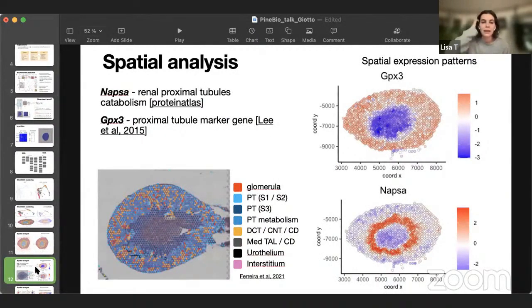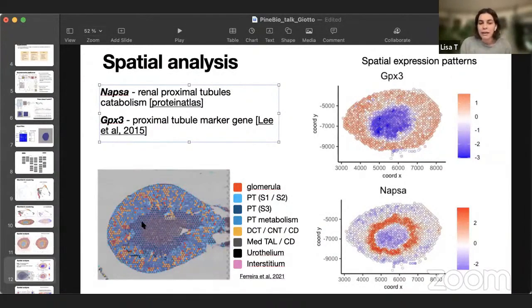I wanted to show you an example of two genes, NAPSA and GPX3, which are both marker genes of proximal tubules. But you can see on these plots that they actually have completely different spatial expression patterns, right? We can see GPX3 expressed in the cortex and not expressed in the medulla, and NAPSA is expressed in the outer medulla.